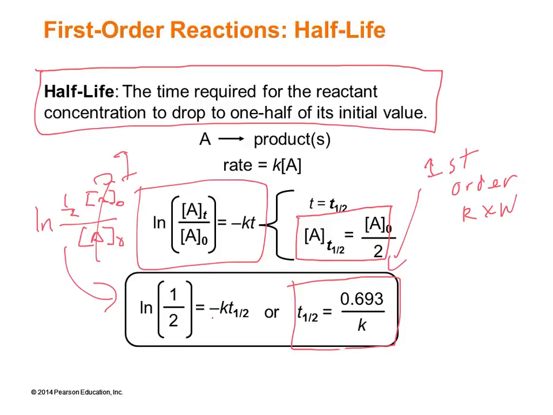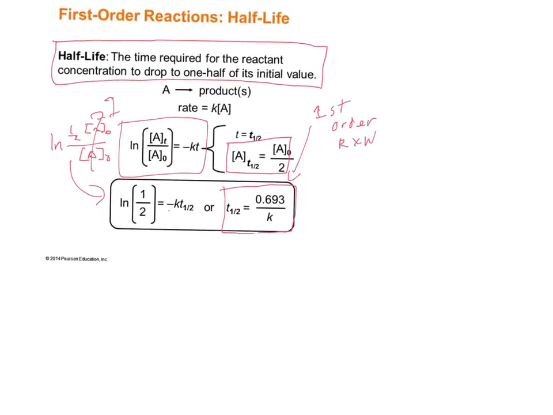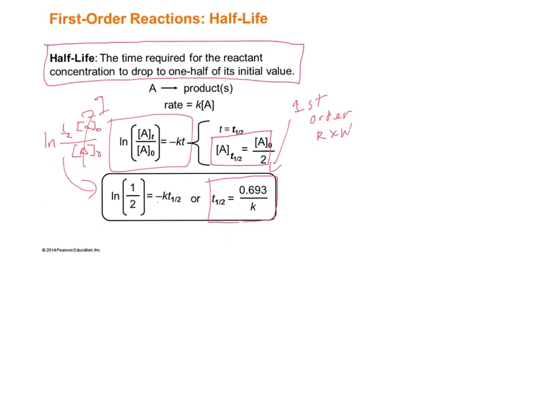So the half-life for any first-order reaction is going to be 0.693 divided by its rate constant. First-order reactions are the only reactions where consecutive half-lives are the same.